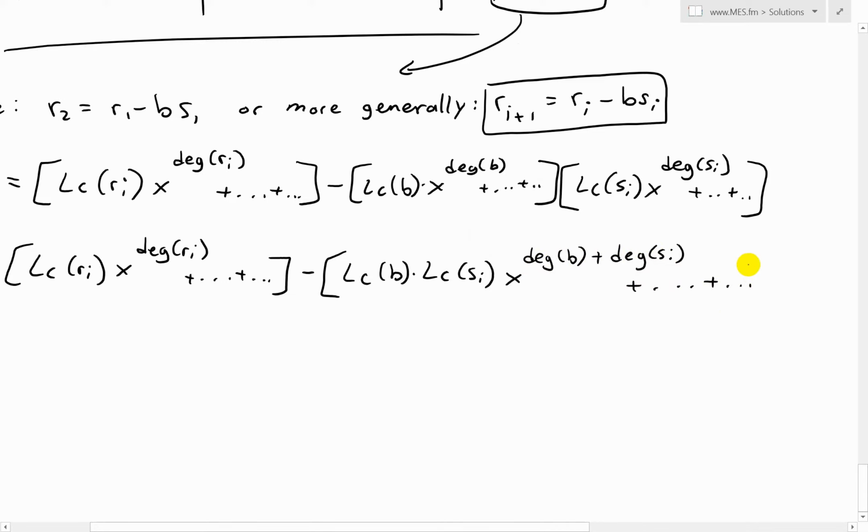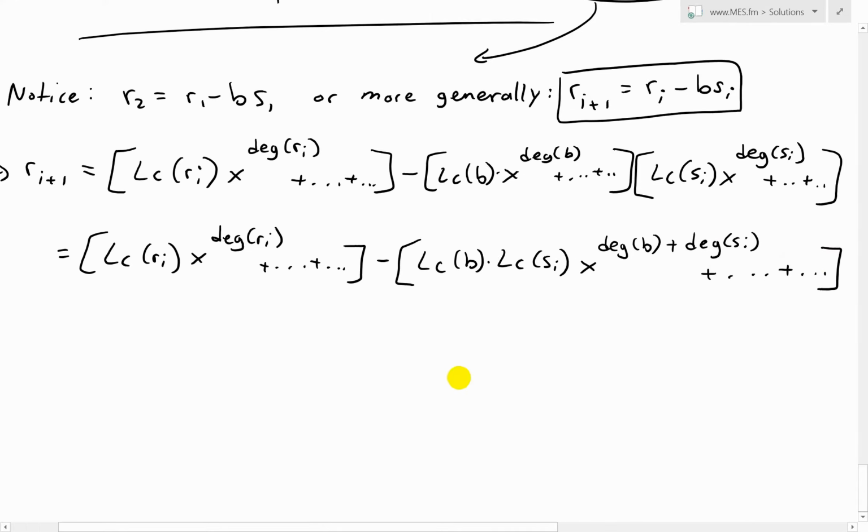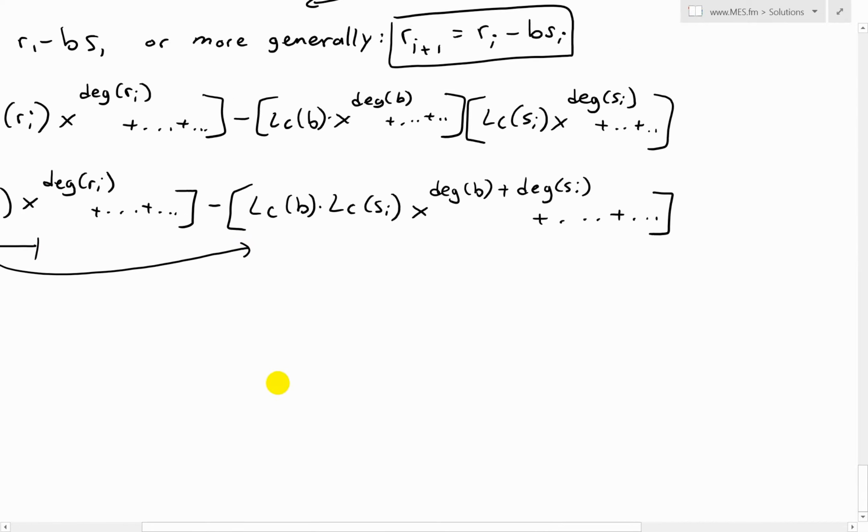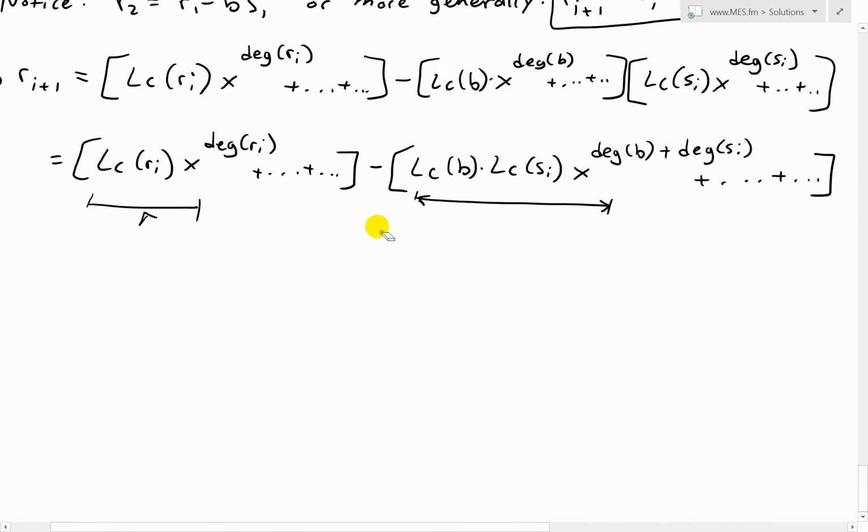Yeah, so now what we have is, well, we have a subtraction here, and we have a highest degree over here of RI, but what we want is we want this whole thing, and this one over here, the highest degree of this term here, we want these to both cancel.